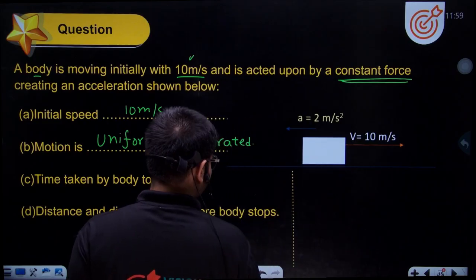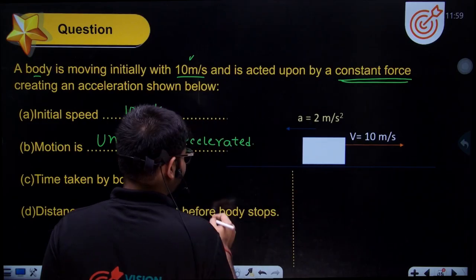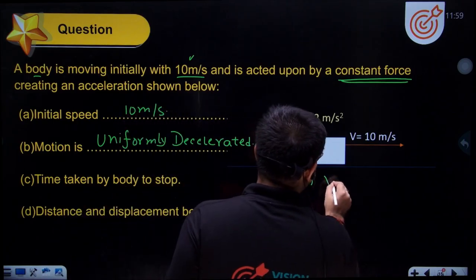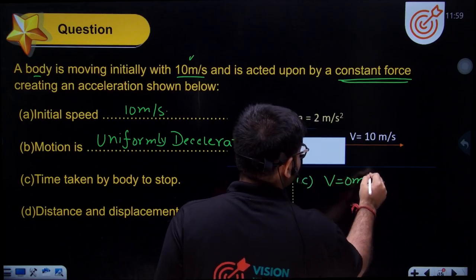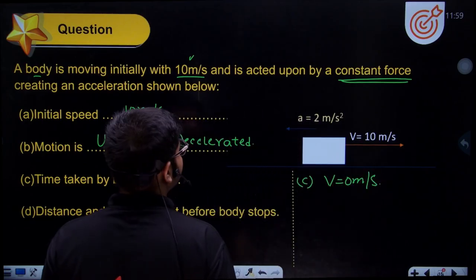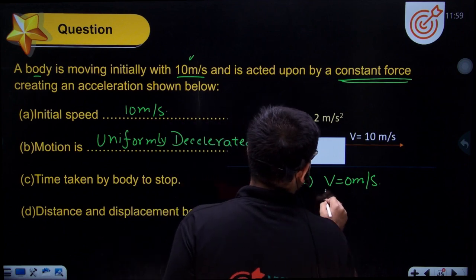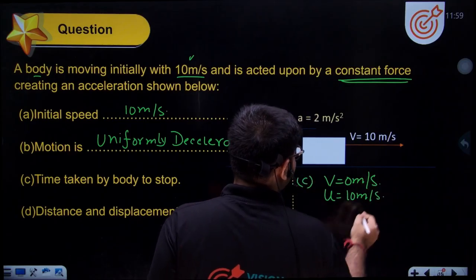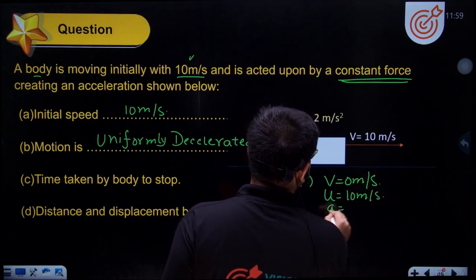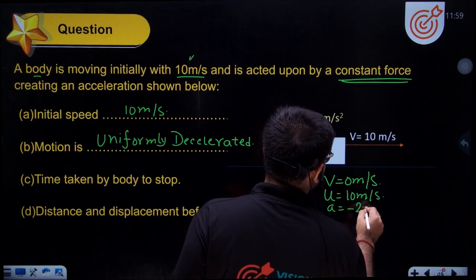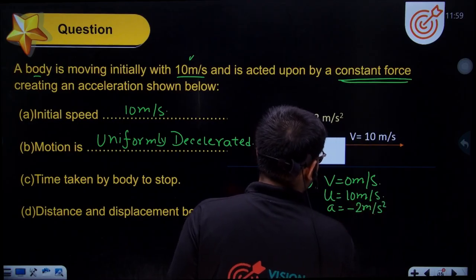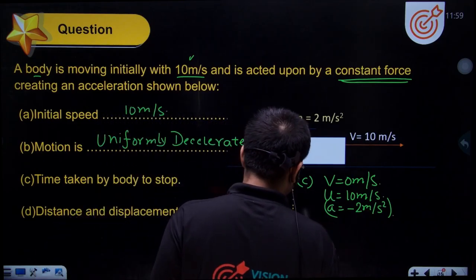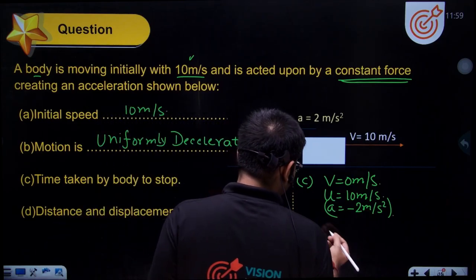Okay. So you see here, I am solving C. Okay. So you have V is equal to 0 meter per second, right? And you have U is equal to 10 meter per second. You have acceleration value given to you minus 2 meter per second square. Why I have taken minus? It is in the opposite direction of the velocity. Okay, now let us put it. V is equal to U plus at.